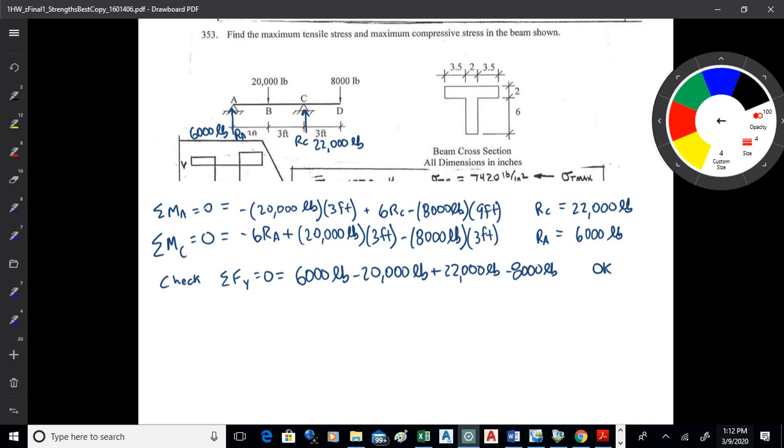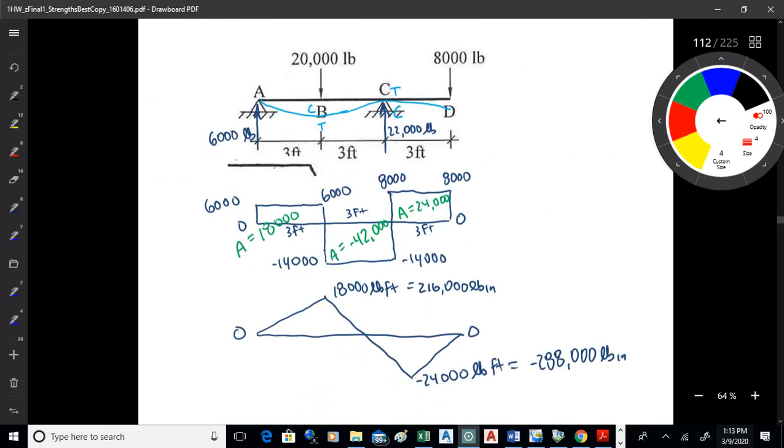So I've got those different reactions there at A and C, and from that, I just want to build a shear diagram. This just kind of looks like it's going to be a series of rectangular blocks. Okay. All right, so the 6,000 reaction will take me up from 0 for the shear to 6,000.